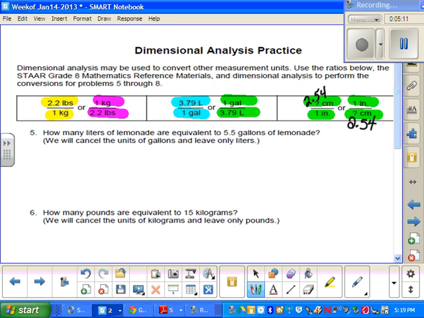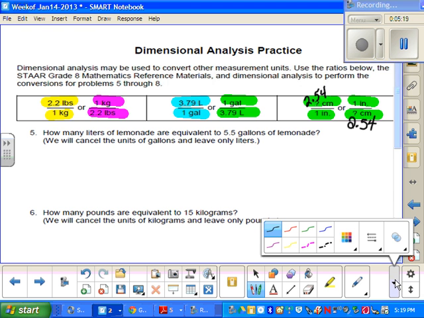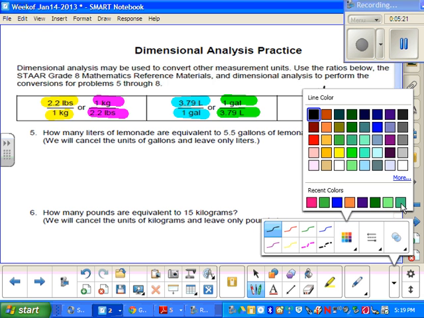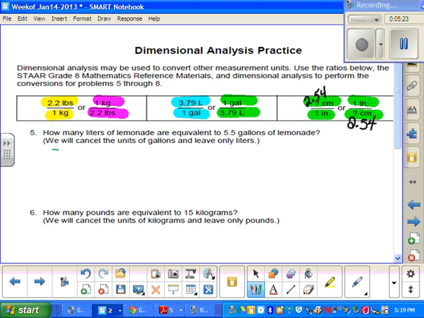So let's take a look at number 5. How many liters of lemonade are equivalent to 5.5 gallons of lemonade? So we're starting out with 5.5 gallons of lemonade. And if we start out with gallons, we know that we want to use the ratio that has gallons on the bottom.